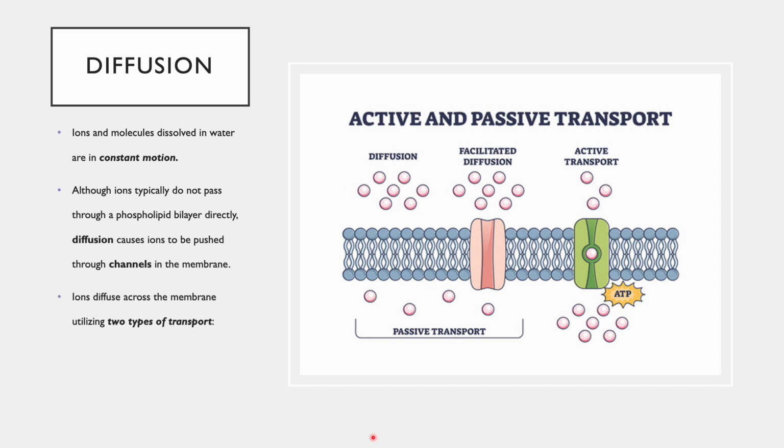For example, ions can diffuse across the membrane utilizing two different types of transport, including passive transport, as shown here, when facilitated diffusion does not require the use of the energy source ATP, and via active transport, which requires ATP to be broken down as an energy source to pass ions in and out of the cell.